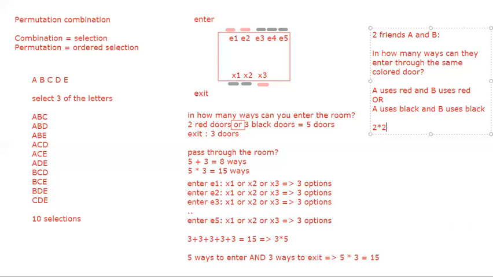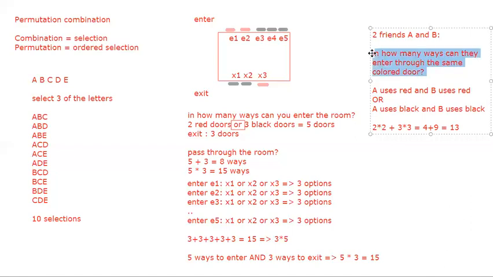So it was and, I multiplied 2 into 2. Or means I'm going to add. So with this, I add. A uses black, 3 options, and B uses black, 3 options. So 4 plus 9. So there are 13 ways in which the 2 friends can enter.